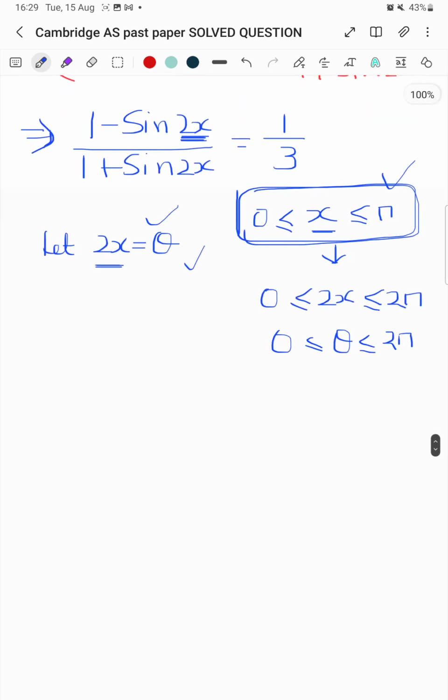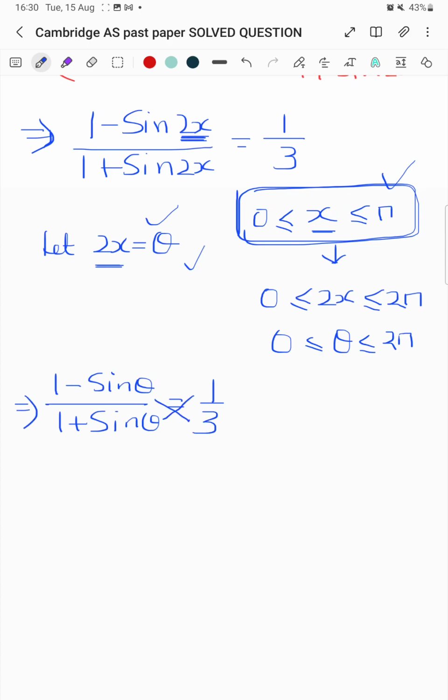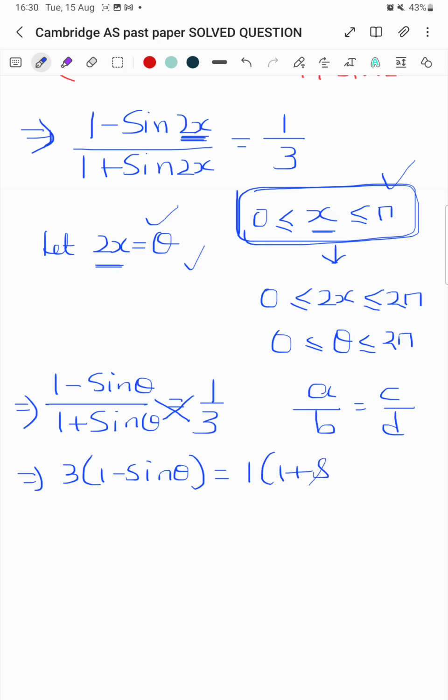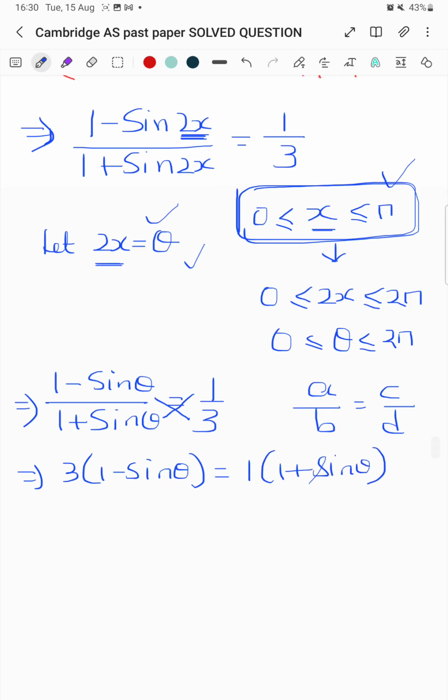Now my equation will become (1 minus sine theta) divided by (1 plus sine theta) equals 1/3. Now I will do cross multiplication, because we have fractions on both sides, like a over b equals c over d. So this will become 3 times (1 minus sine theta) equals 1 times (1 plus sine theta).